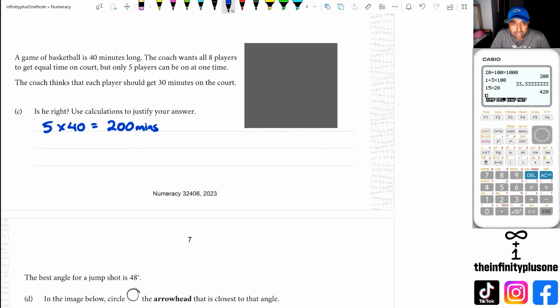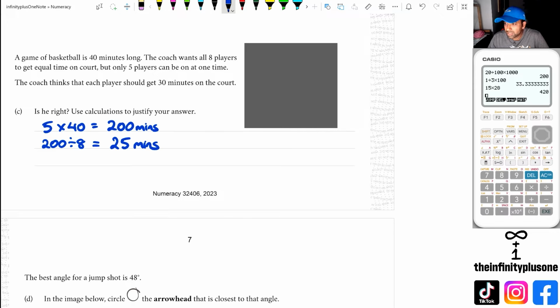Now 200 minutes is the actual game time itself, but we've got 8 players. So if we want 8 players to have an equal amount of time on the court, then we need to do 200 divided by 8. When we do 200 divided by 8, we get that each player should get 25 minutes each.